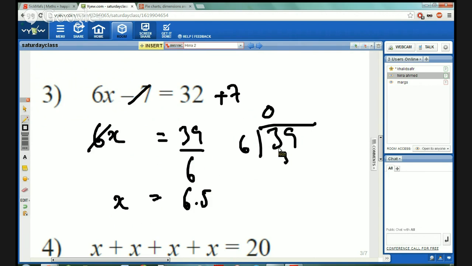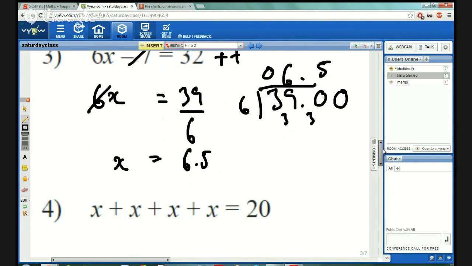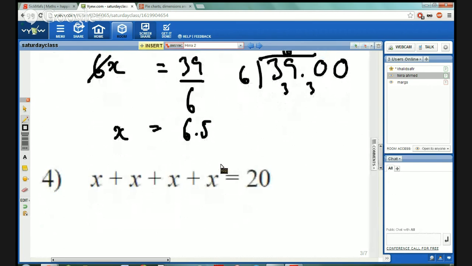So 6 into 39 goes 6 times, you've got 3 left over, 3 carried over. 6 into 30 is 5. So look at your answer: 6.5. So a bit of practice or revision there. Okay, so 6.5. Keep going.